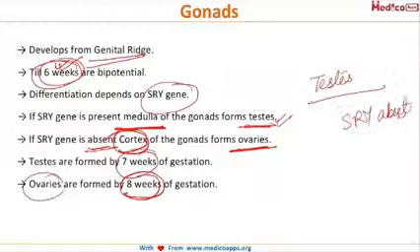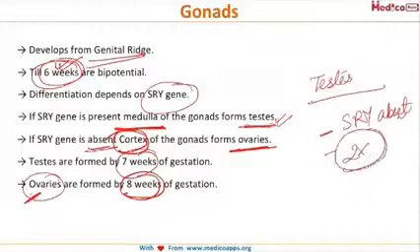Now here I would like to add one more thing, that for the formation of proper ovaries, the SRY gene should be absent, and along with this, the 2 X chromosomes should be present. Now why I am telling you this, because in Turner syndrome, 45XO, one X chromosome is missing, and so in these individuals the ovaries that are formed, they are streak ovaries.